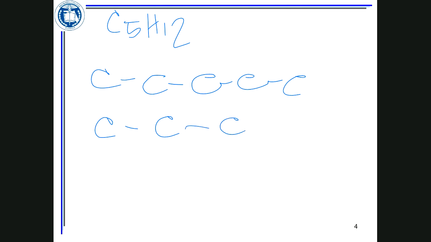If there is a methyl group on carbon number 2, how would you call that, the second one? If you call the first one n-pentane, how should we call the second compound?